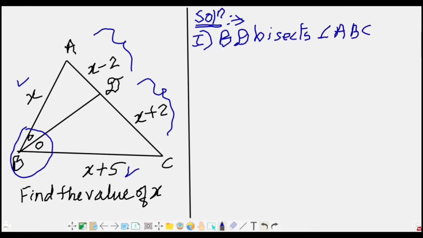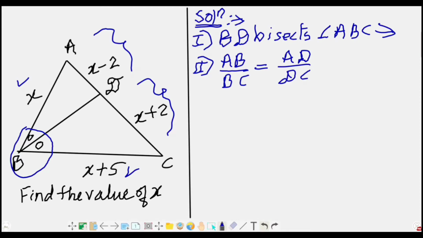ABC. This is given, students. Now based on that, we can apply the angle bisector theorem. So AB upon BC will be equal to AD upon DC. This is your angle bisector theorem.